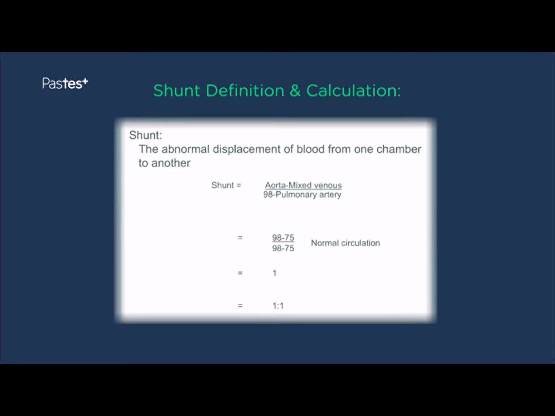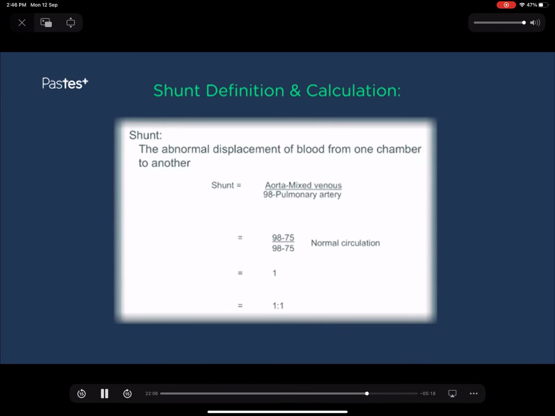So let's have a look at what happened in the abnormal situation, such as in this question. All we do is we take the numbers we recorded in the catheter lab and plug them into this equation. So the saturation in the aorta here was 97. That in the mixed venous sample was 74. We still have our constant 98, and the pulmonary artery saturations were 84.